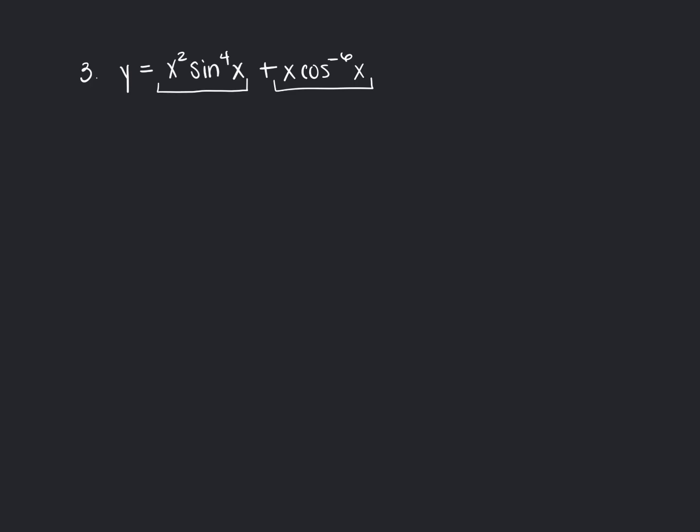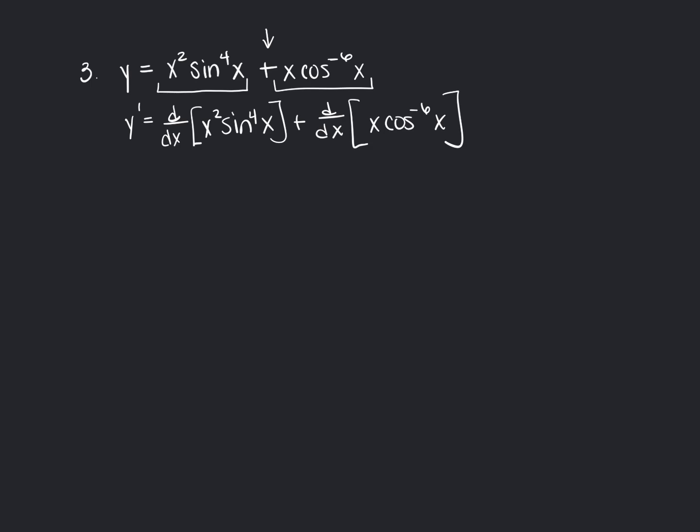Because we know ultimately when I take y prime, what's going to happen is, because we have a sum, okay, by the sum and difference rule, remember that's just going to be the derivative of each part, right? So I'm going to take the derivative of x squared sine to the fourth x, and I'm going to add that to the derivative of x cosine to the negative 6x.